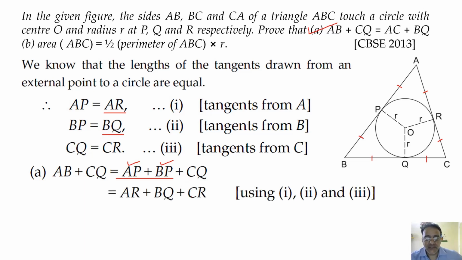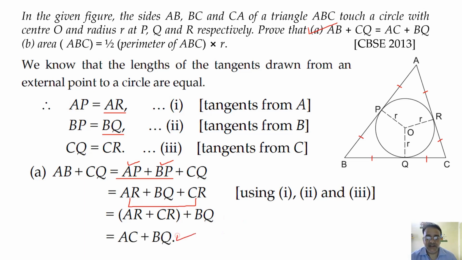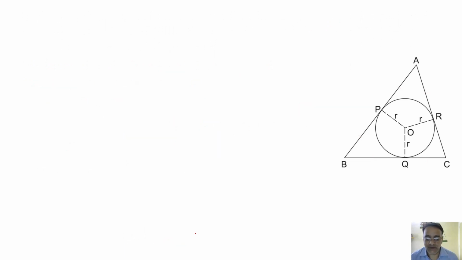And in place of CQ we can write CR. Now what is AR plus CR? AC. AC, right. So this is equal to AC plus BQ. This completes the proof of the first part. Any doubt here? No, sir.